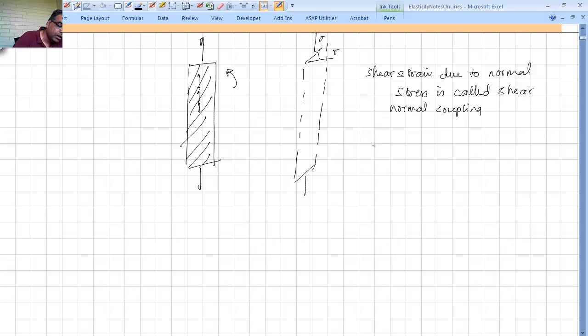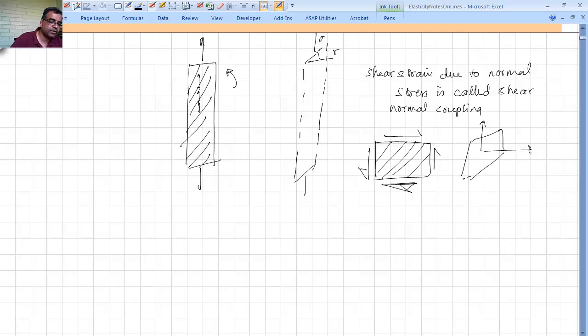Same way, if you take a body like that and you apply a shear stress to it, not only will it get sheared, not only will it become like this, it will also extend in this direction and this direction. So normal strain due to shear stress.